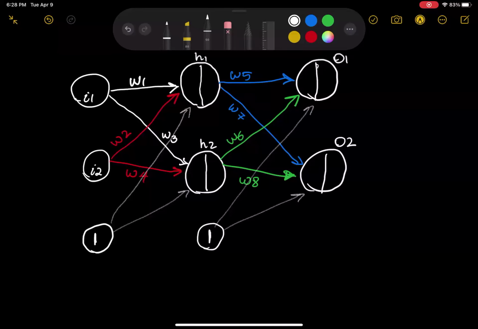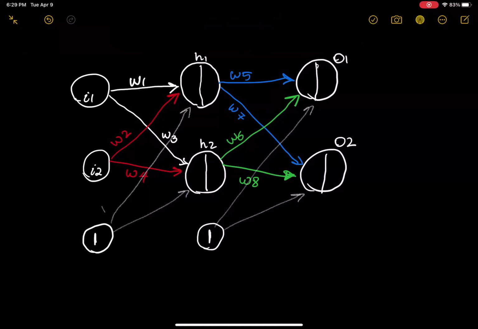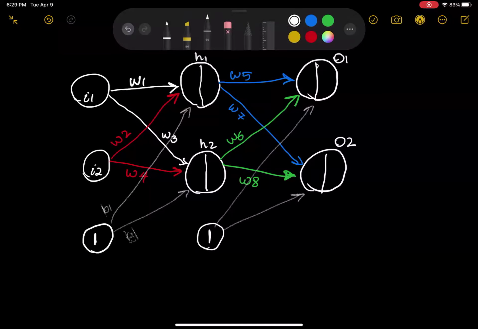I'm going to call these two small b1, and these two small b2. Good. And of course, I have the output here, and I have another output here. Good. So far, any question?